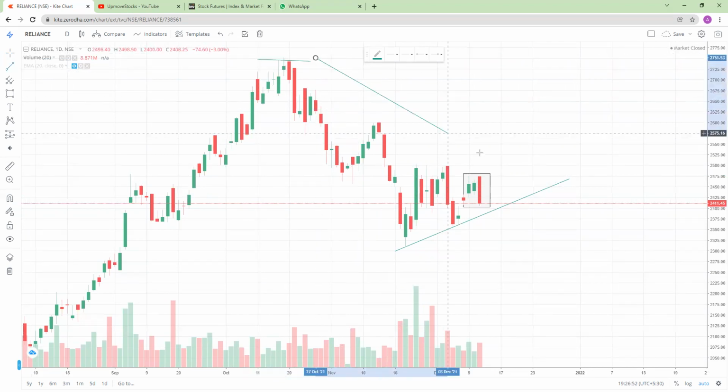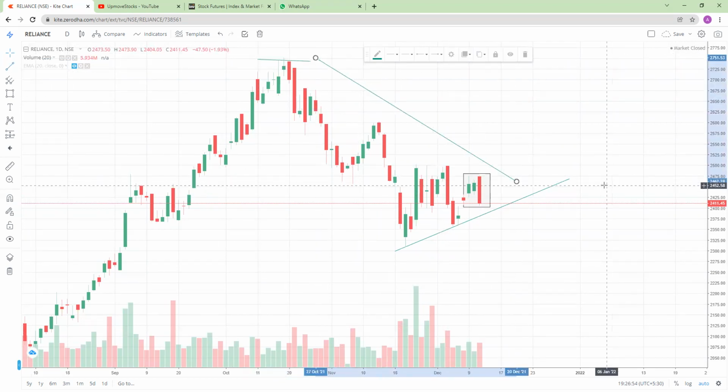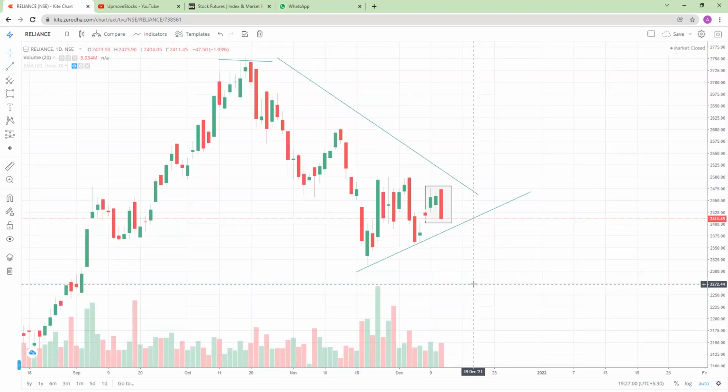You cannot do anything except wait, or maybe if you have 2 or 3 shares, you can take a decision as to whether you want to exit or hold it. But people who are holding maybe 200 or 300 shares need to be a little cautious about it.